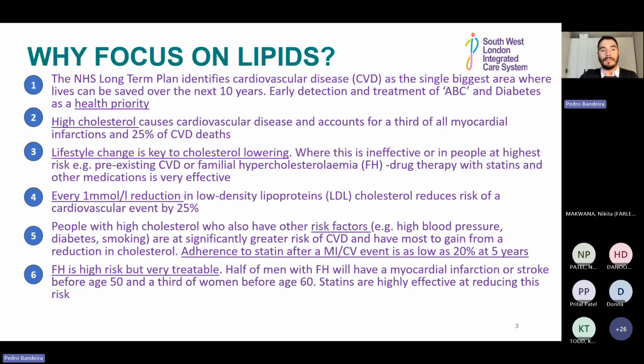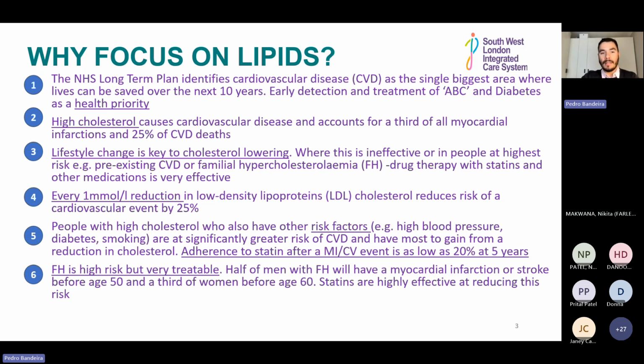And we know that from very large clinical meta-analyses and randomization studies, for every 1 millimole reduction in the LDL, we can reduce the risk of cardiovascular events by 25%. And we know that this lipid optimization should be undertaken as a holistic approach, including other risk factors as well: blood pressure, lifestyle, smoking, and review of adherence to current therapies.